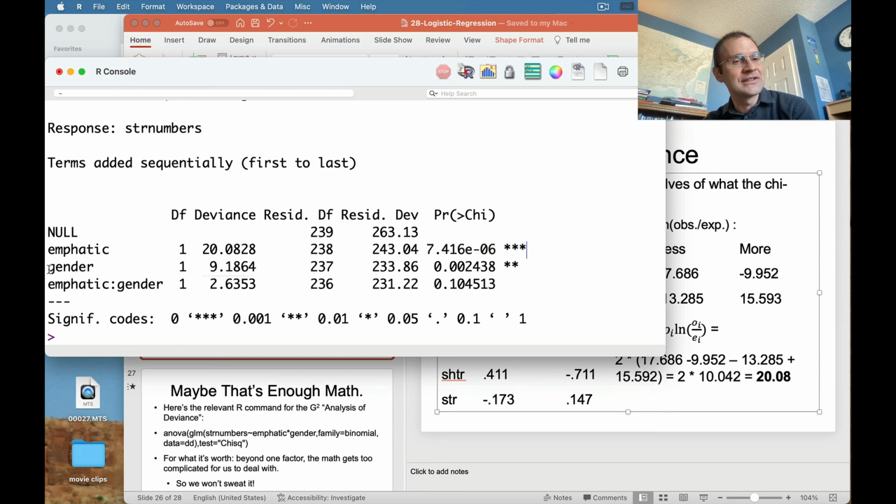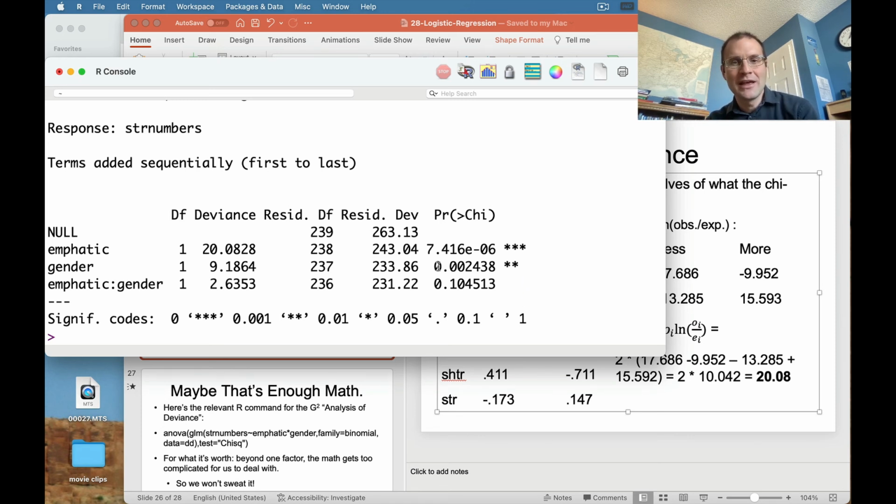And in this analysis of deviance, we do get a significant effect of gender on top of that, because this p-value is less than 0.05 based on this deviance number here. It keeps getting smaller and smaller, though, as we add factors. That's kind of how deviance works: you want to account for as much deviance as possible with the factors you include in the model. So you include the factors that account for the most at the start, and then you get smaller and smaller amounts of deviance at the end, which eventually means you don't have to keep adding factors, because the smaller model will explain as much as is parsimonious to explain.